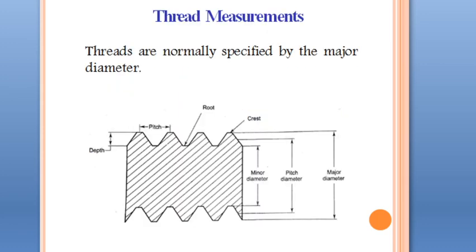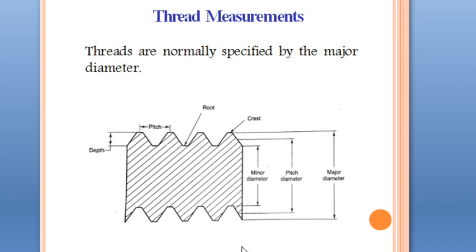Next, thread measurements. Threads are normally specified by the major diameter. What is major diameter? It's the larger of the two extreme diameters.